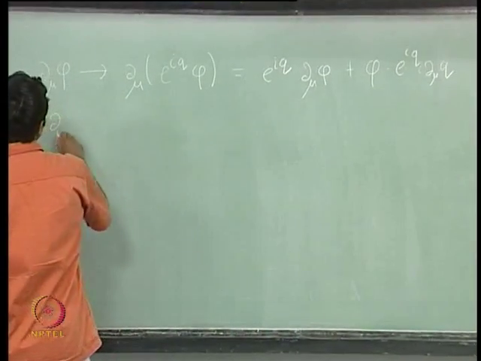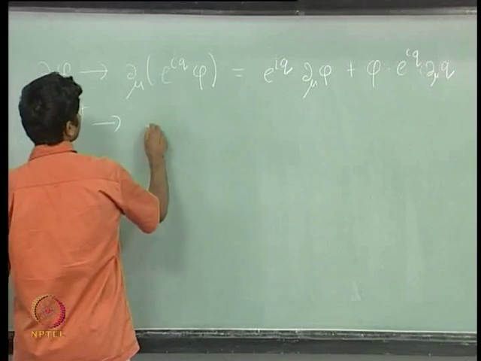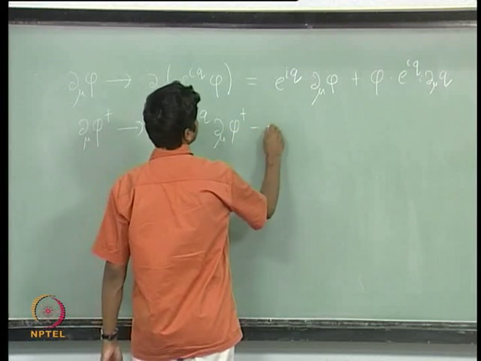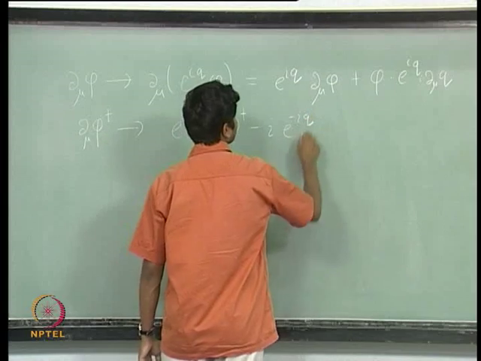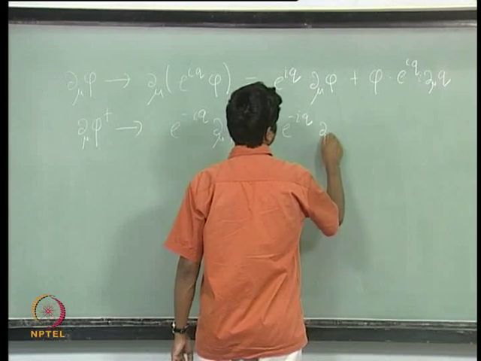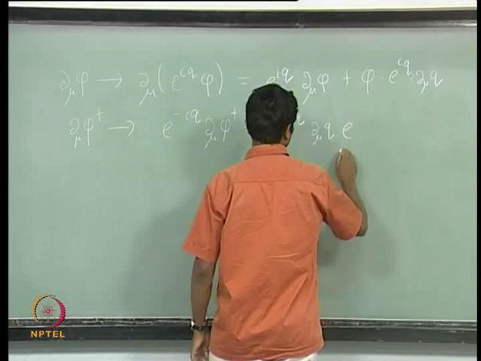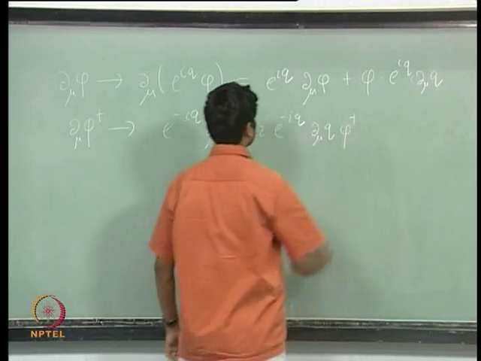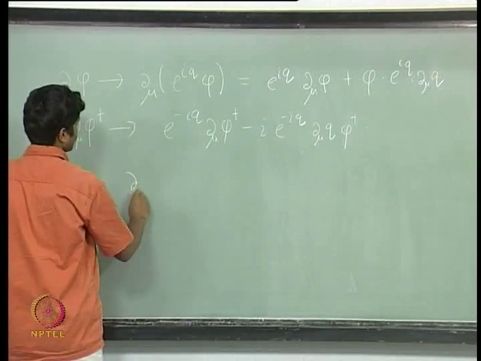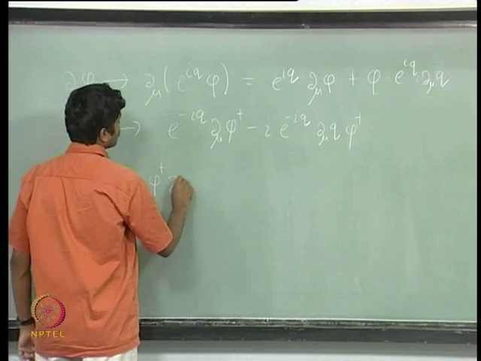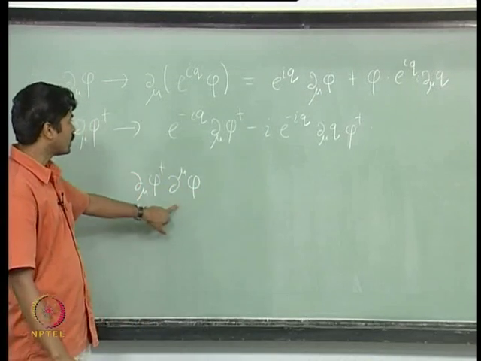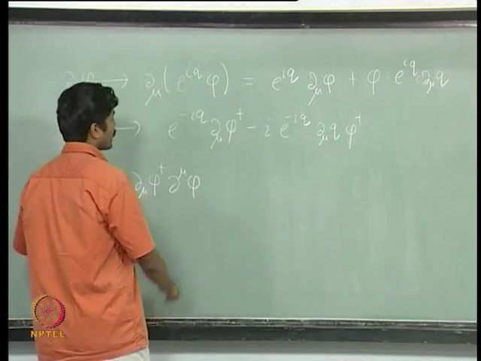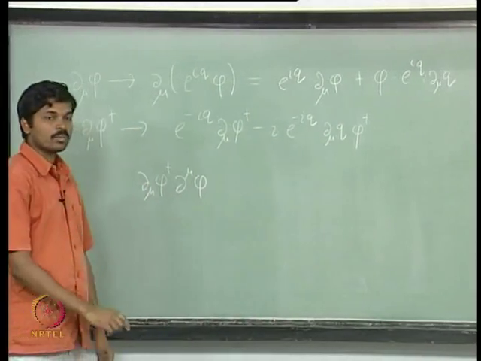And similarly, del mu phi dagger goes to e to the power minus i q del mu phi dagger minus i e to the power minus i q del mu q phi dagger. So, when you consider this term del mu phi dagger del mu phi, it does not remain invariant because of the presence of the second term, and you get additional terms which depend on del mu q.